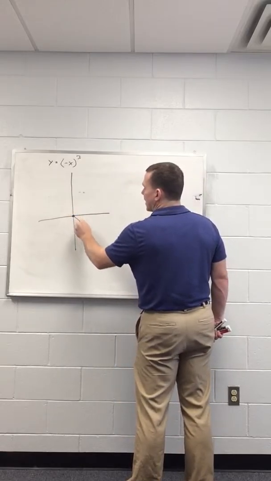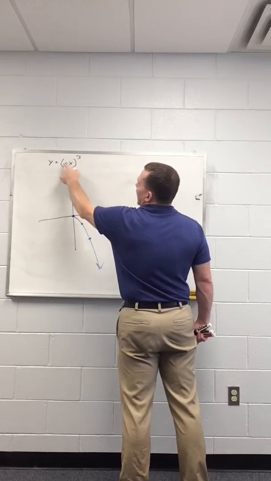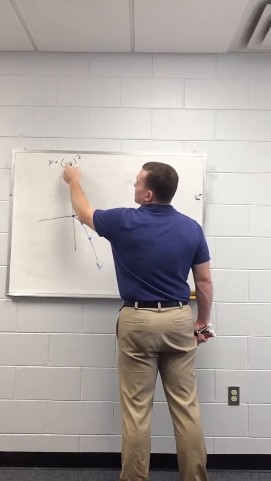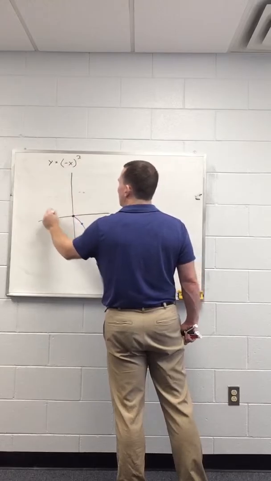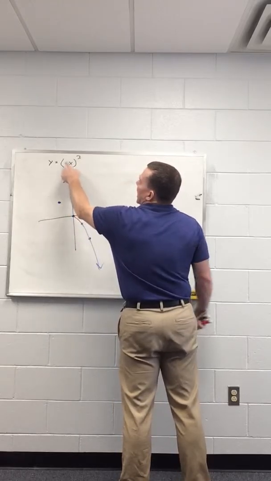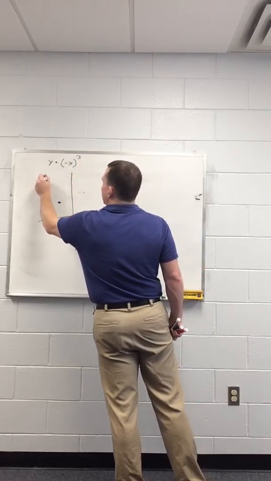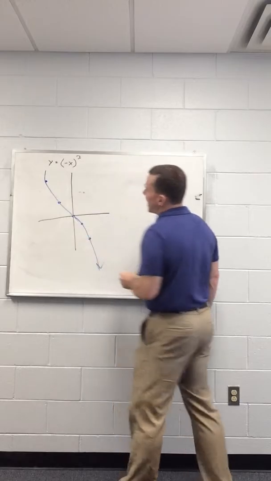So now I can tell it looks like it's doing that. If I plug in negative 1, I get negative 1, which is positive 1, cubed, which is 1. If I plug in negative 2, I get negative 2, which is positive 2, cubed, which is 8, and now we can see it's doing that.